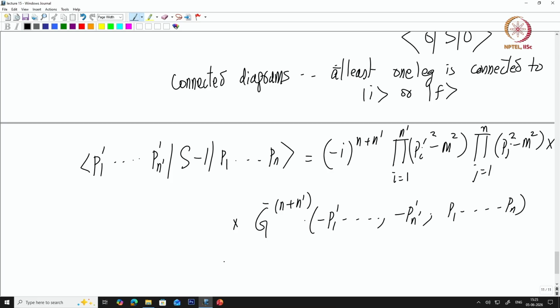Now this is nothing but the Fourier transform of the Green's function.